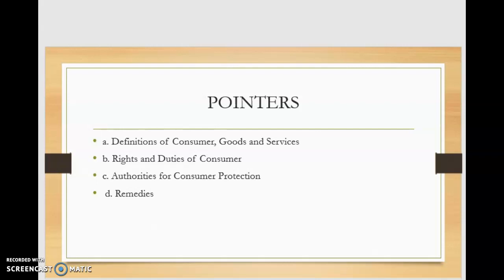It is possible that the products given to consumers are not up to their satisfaction. So where are the rights of the consumers protected? The question is answered by this Act, the Consumer Protection Act, which deals with the protection of rights of the consumer with respect to the goods and services that are availed by the consumer from the market.